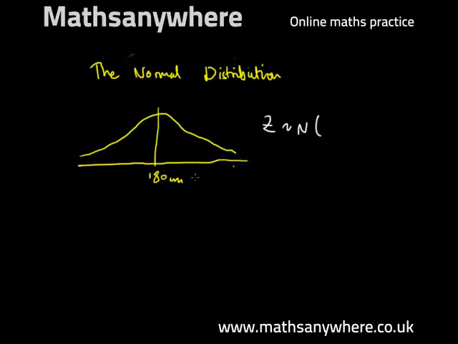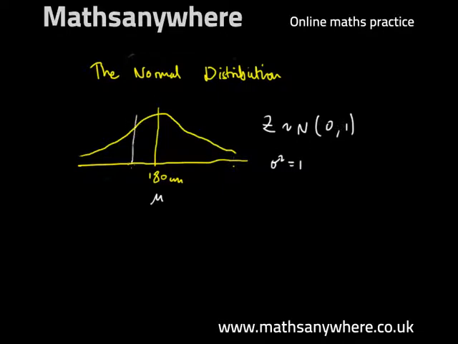However, instead of having a mean value of 180 centimetres, you have a mean of 0 and a standard deviation of 1, or a variance squared of 1. And that's how you write out normal distribution, a mean of 0 and a standard deviation of 1.